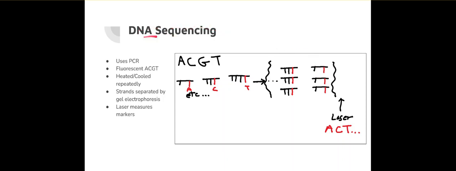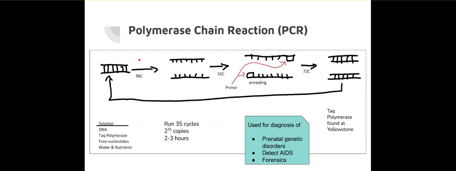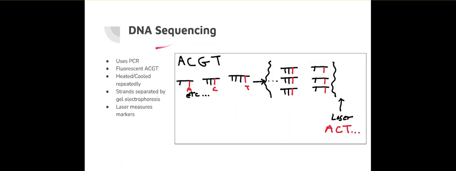DNA sequencing uses PCR. So if you're wanting to know what the sequences are in this DNA strand, then the first thing you do is you multiply it out to make sure you have enough to do. But what you do is you add nucleotides that have a fluorescent chemical attached to them.